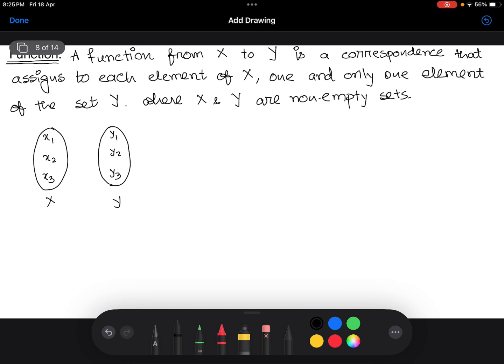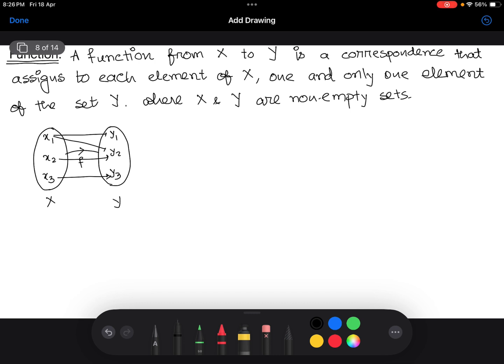Let f be the mapping which goes from x to y. Now let's say x1 goes to y1, x1 goes to y2, x2 goes to y2 and x3 goes to y3.